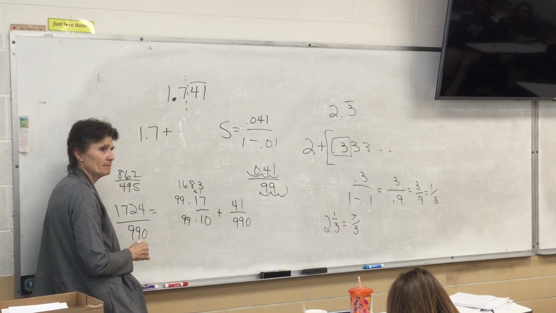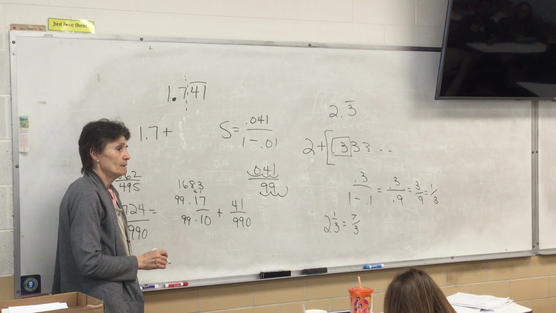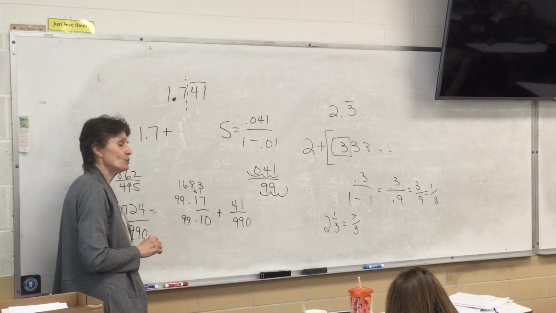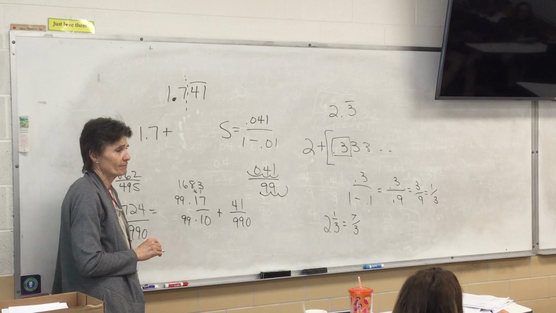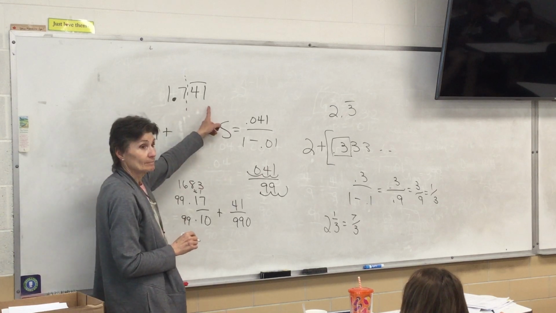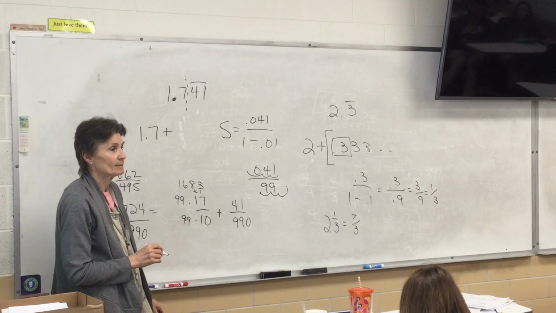I think that might be it. Is that what it reduces to? Yeah. All right, type it in on the calculator, let's check it. What's 862 divided by 495? 1.74. There you go, so we did it.